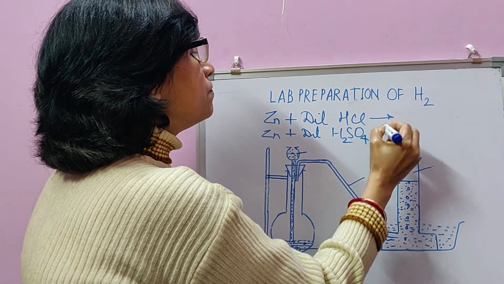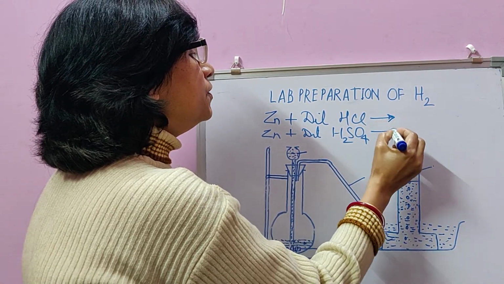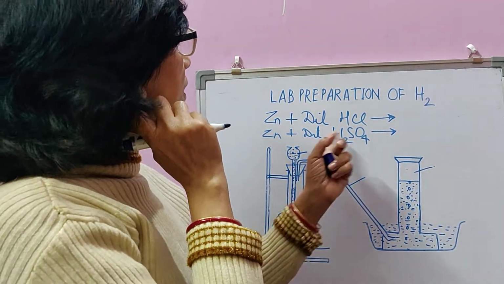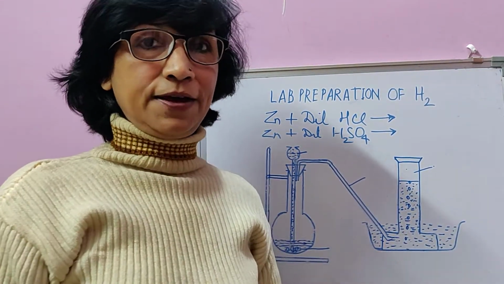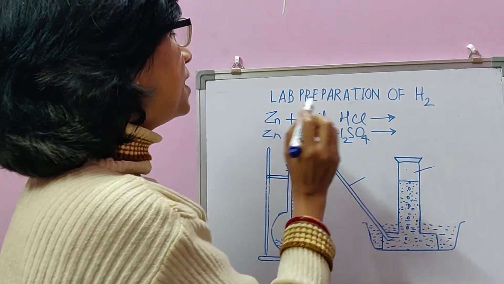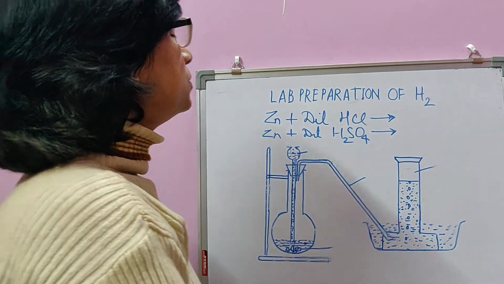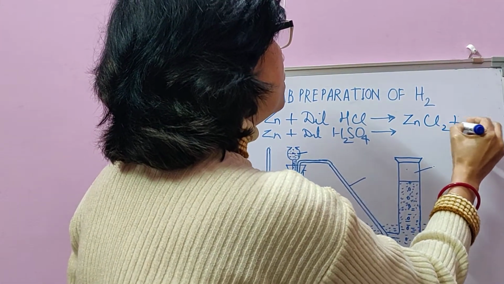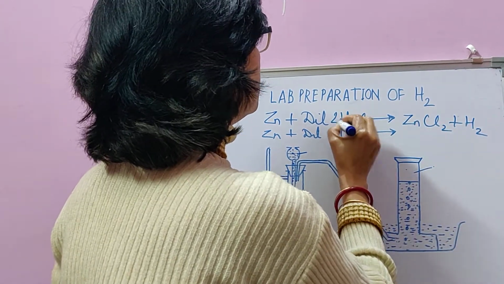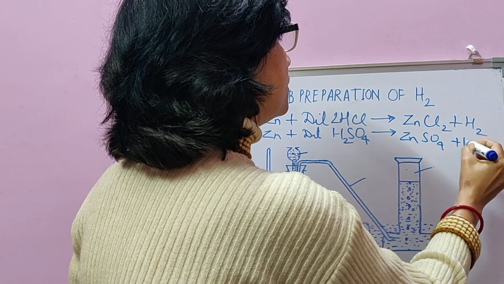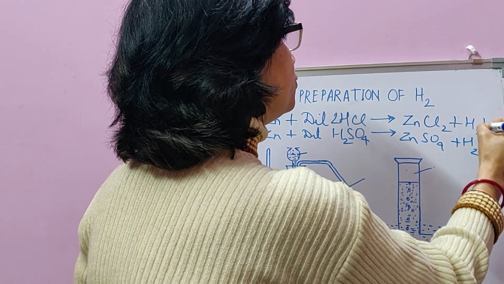Children, out of three strong acids, we use only these two for preparation of hydrogen in the lab and also otherwise. The reason is that with HCl and H2SO4, the salt formed will be ZnCl2 plus H2, and ZnSO4 plus H2.